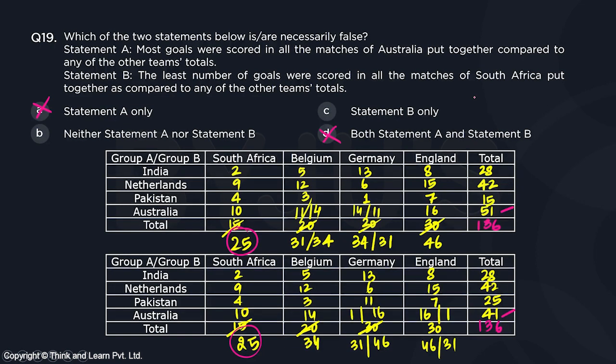So, if this is 25 and 25, it is not necessarily true because Pakistan may have the least as compared to other teams put together. Or maybe Pakistan have the same as the number of South Africa. So that means statement B also is not necessarily false. It may be true, it may be false. So the answer is going to be option B, neither statement A nor statement B.